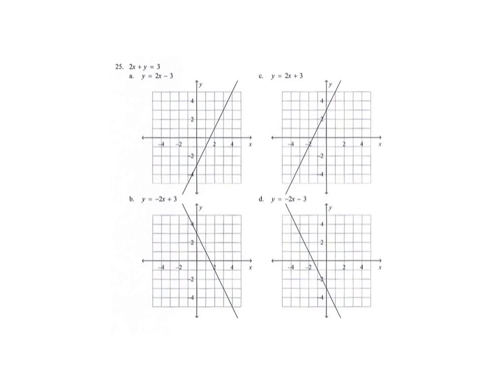Last one. Again, we're solving, we need to get y by itself. So we have 2x plus y equal to 3. We want to get y by itself. I don't like orange, I'm going to go back to red.